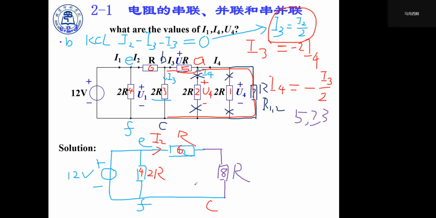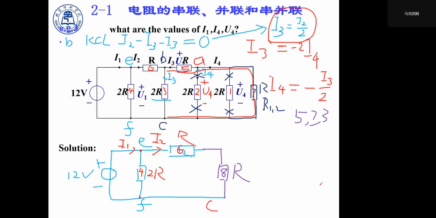Then we have two branches, right? The first one is the I1 branch. I1 flows into point E, right?